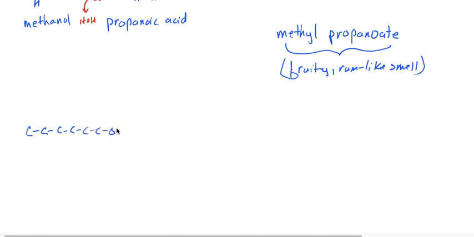A larger alcohol. 6 carbons we know would be hexanol, right? So this is hexanol. Or we know this is hexane-1-ol, if we follow the other naming system. So put all of our hydrogens in.